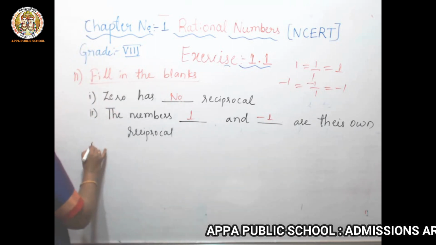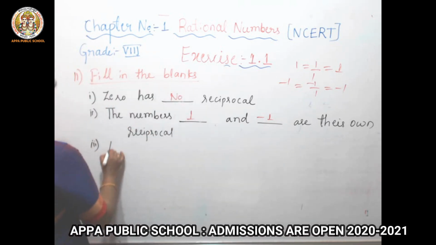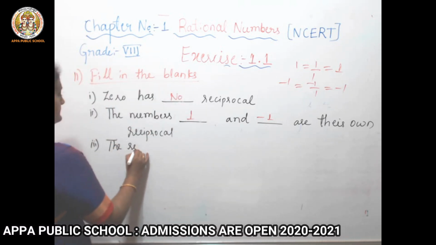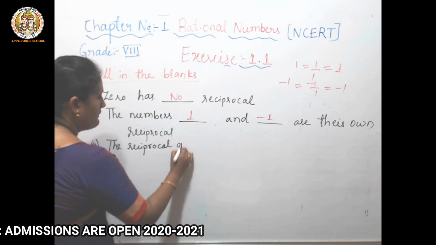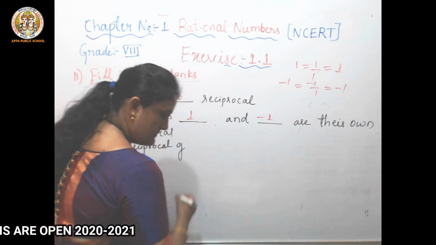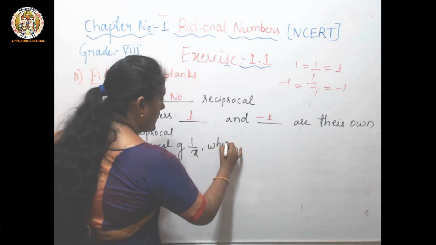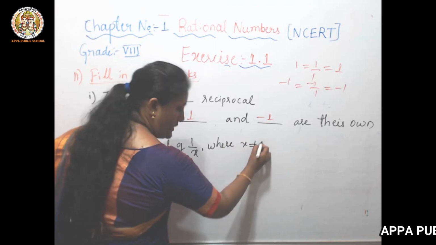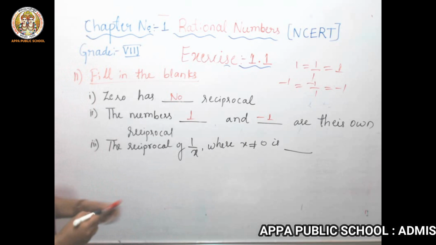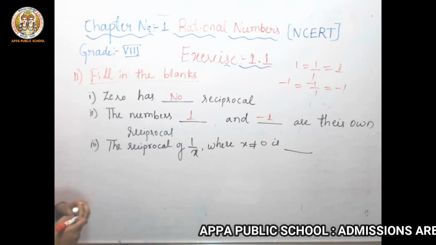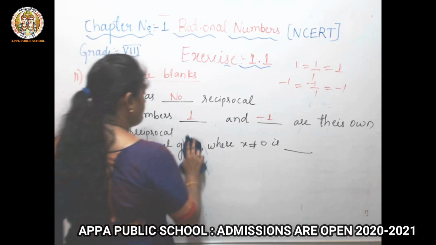Now the third one, that is the reciprocal of minus 5 is. They are asking to write the reciprocal of minus 5.